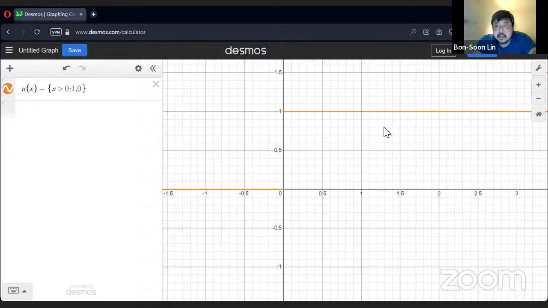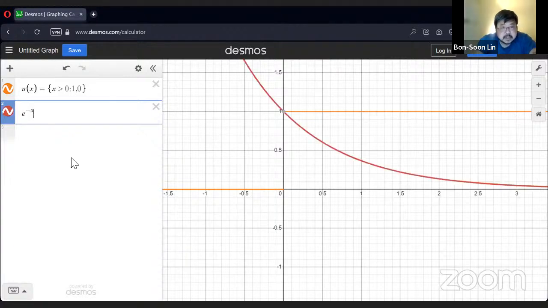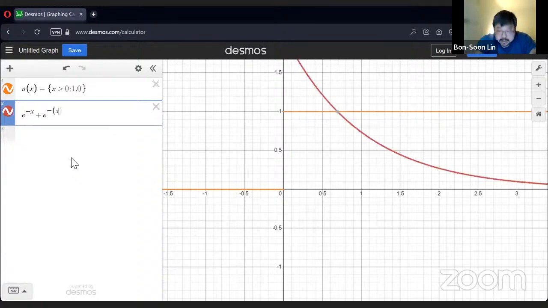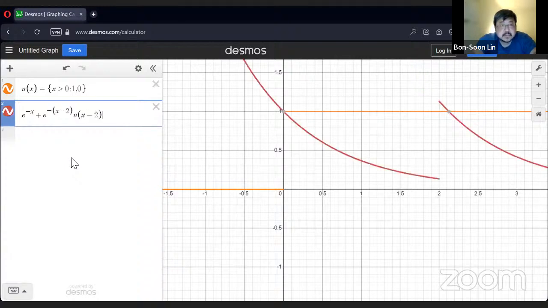All right. And what happens if I do this? e to the negative x plus e to the negative quantity x minus 2 times u of x minus 2.